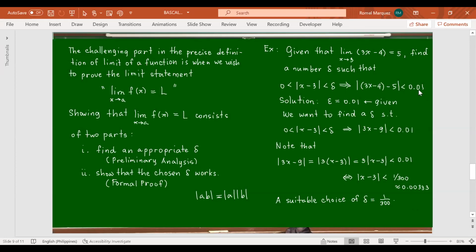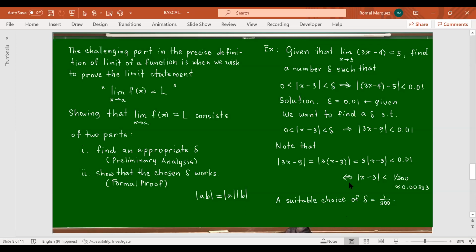Because if it is true for 0.01, it must be true for 0.001, and so on. So we will be using arbitrary delta and arbitrary epsilon.